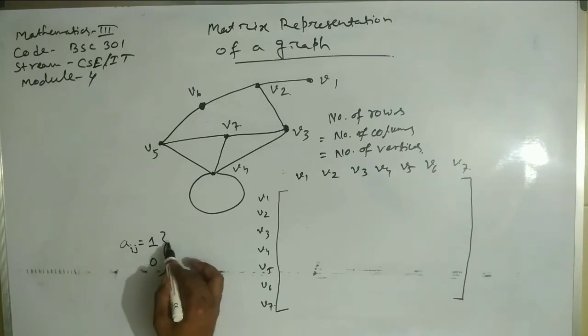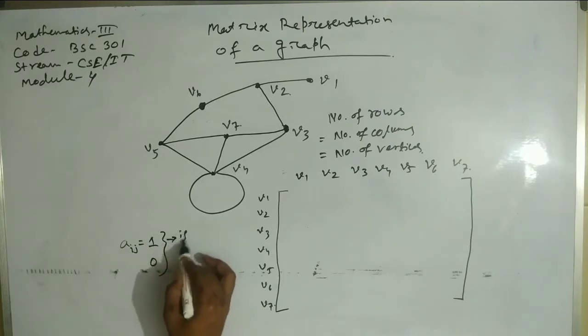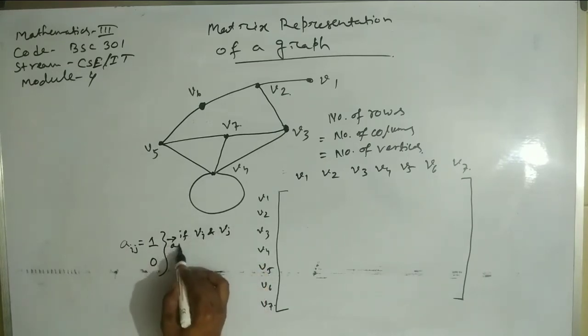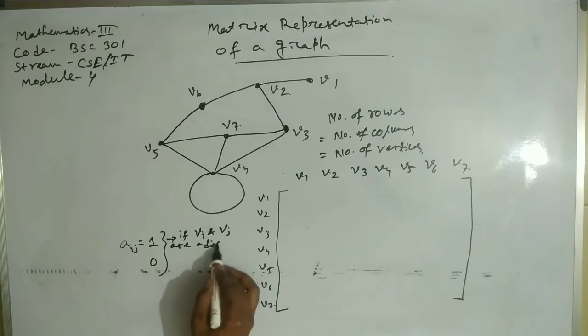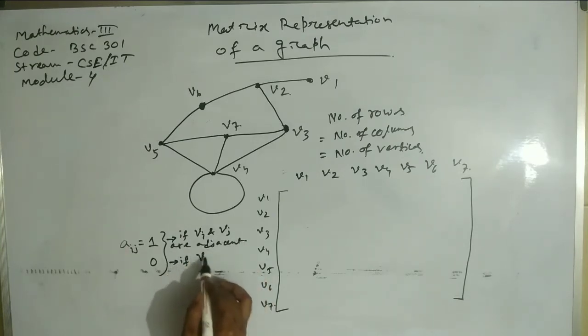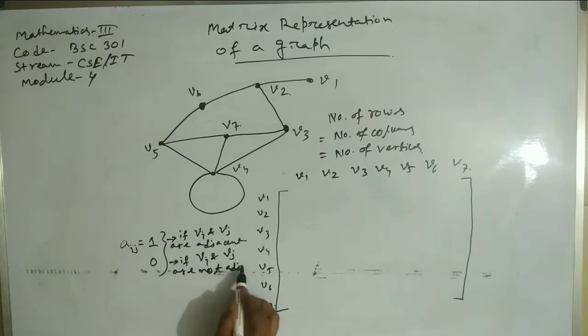Aij is 1 if Vi and Vj are adjacent, and 0 if Vi and Vj are not adjacent. It's very simple.